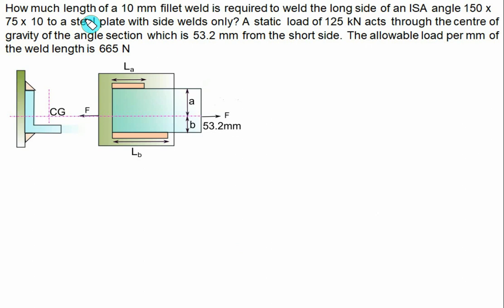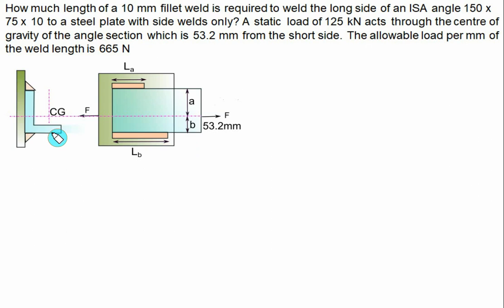How much length of 10 mm fillet, that is H equal to 10, is required to weld a long side ISA angle of 150 by 75 by 10 to a steel plate with a side weld only? A static load of 125 kN acts through the center of gravity of the angle section, which is 53.2 mm from the short side.